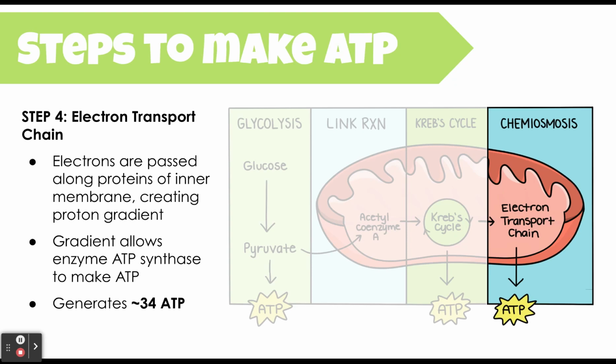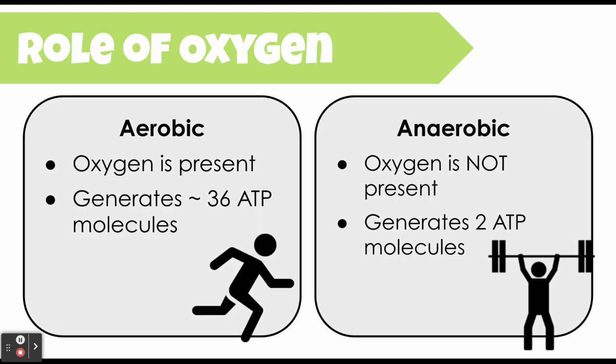So at this step, the electron transport chain, we are getting roughly 34 ATP molecules. So this is very intensive in terms of creating those energy molecules. And this is the true product of cellular respiration. But one piece of important information we need to talk about is one important ingredient for cellular respiration to occur is oxygen.